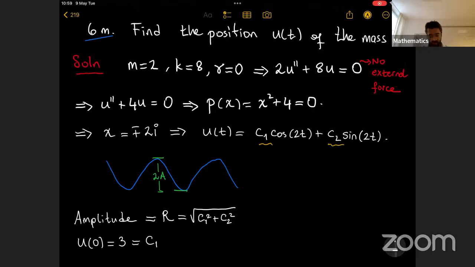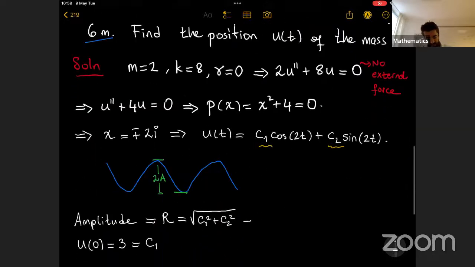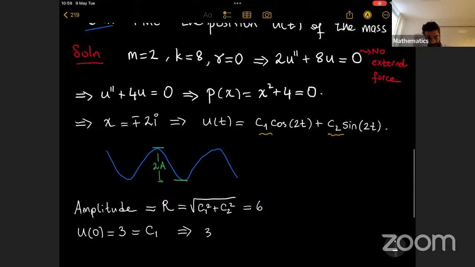What about C2? Well, we know that amplitude is 6, so this is equal to 6, right? So from this, 36 is equal to 9 plus C2 square.